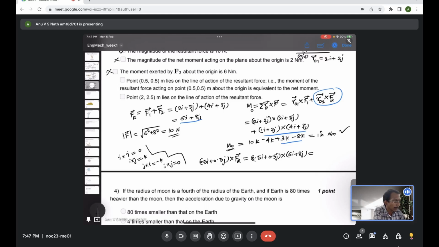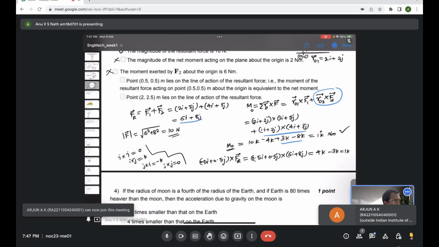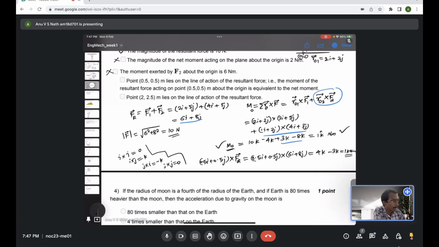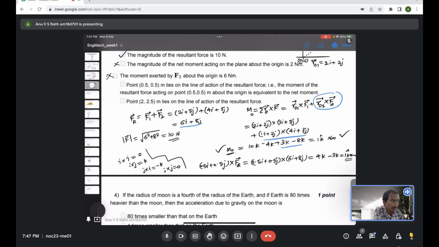If you evaluate, it is 8 into 0.5, which is 4k, minus 6 into 0.5, which is 3k, so that is 1k Newton meter. This is the same as the actual moment of the system, which is also 1k Newton meter. Because they are the same, we can clearly say that the resultant force is passing through this particular point, so that option is correct.